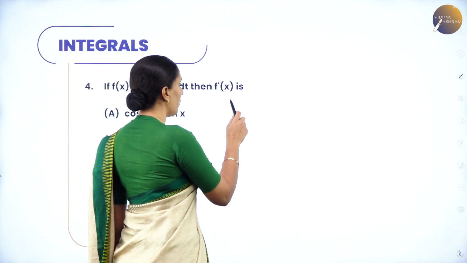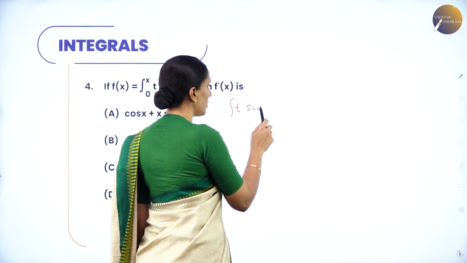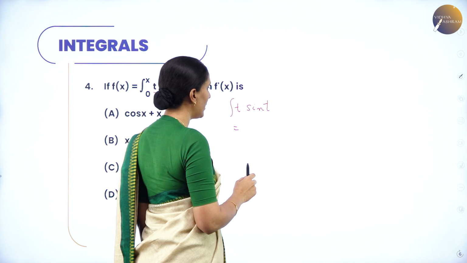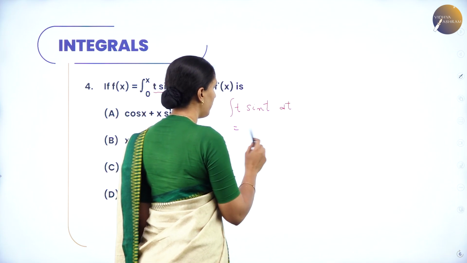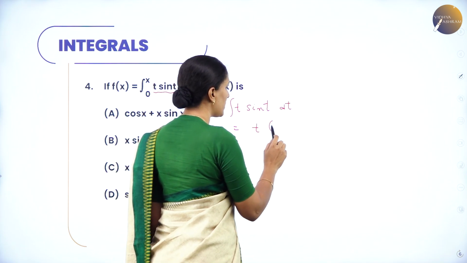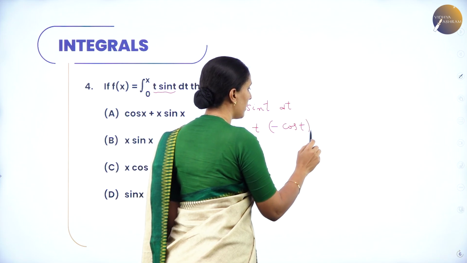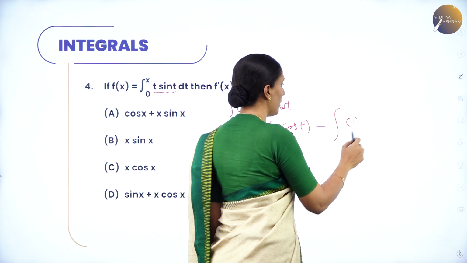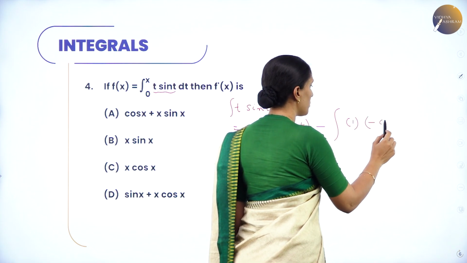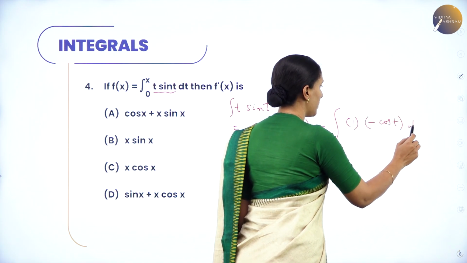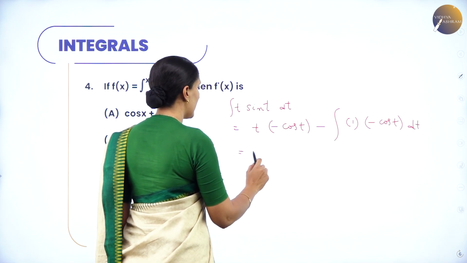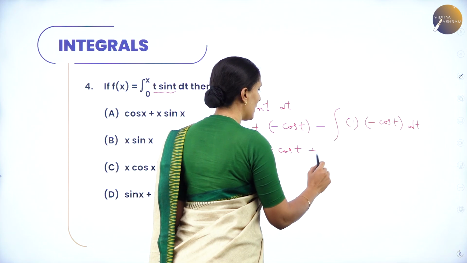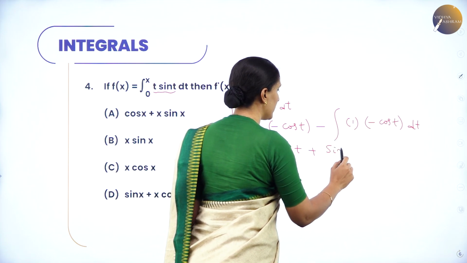Before that, when I apply integration by parts for this function, integration of t sin t with respect to dt will be t times integration of sin t, which is minus cos t, minus integration of derivative of t, which is 1, times integration of sin t, which is minus cos t, with respect to dt. So we will get the answer as minus t cos t, minus into minus plus integration of cos t, which is sin t.